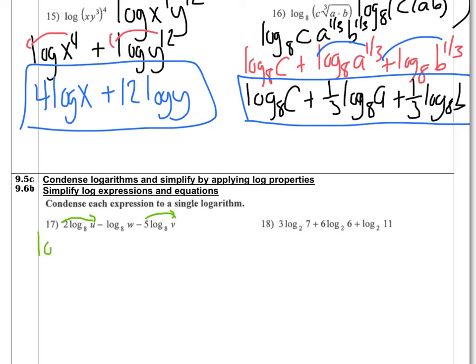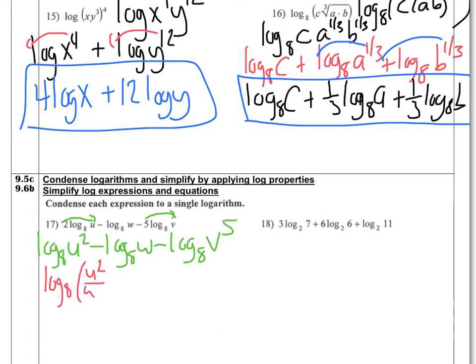That'll give us log base 8 of u squared minus log base 8 of w minus log base 8 of 5 to the v to the 5th power. Now I'm going to combine these two into division. So this becomes log base 8 of u squared over w.